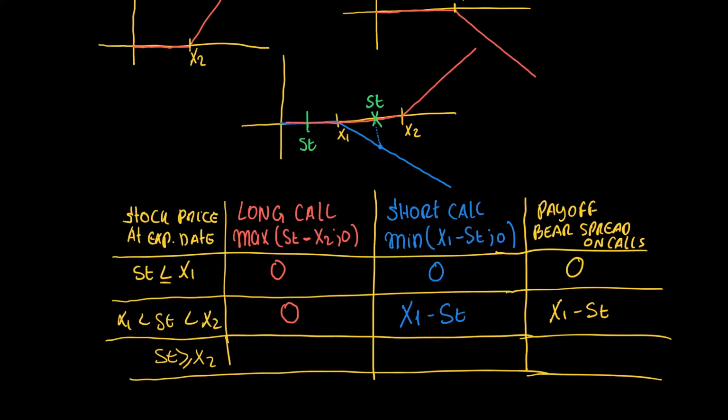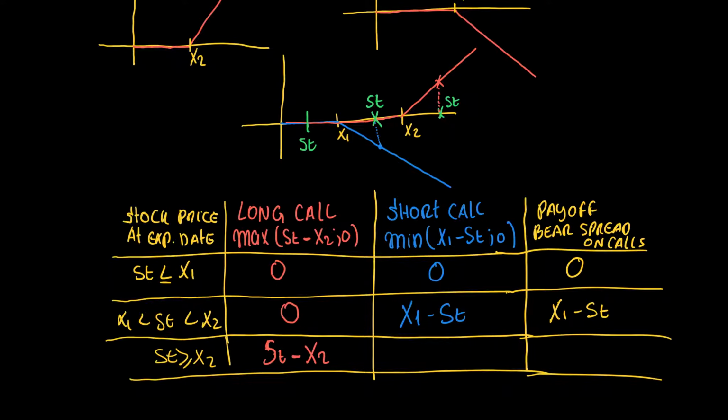And if the stock price is above X2, if the stock price falls here, then we have a profit in the long position. The profit of the long position will be the stock price minus X2.